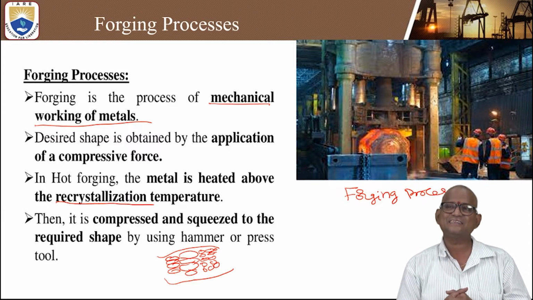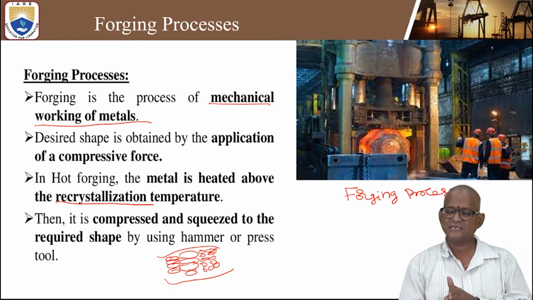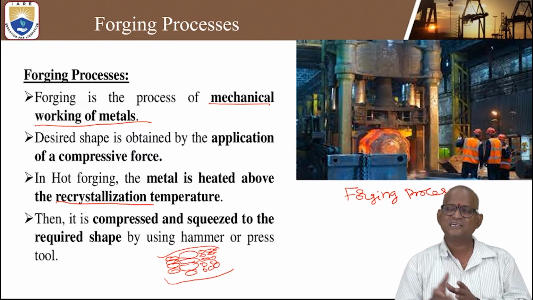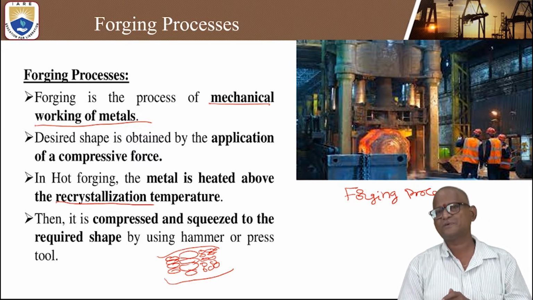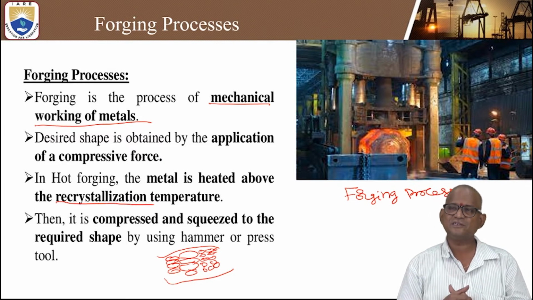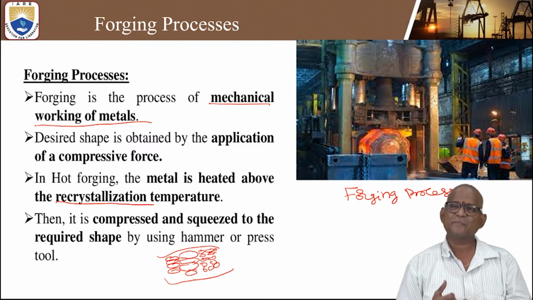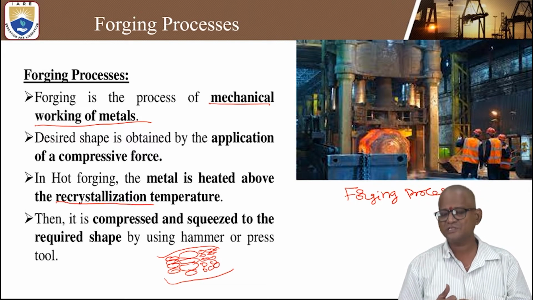You can see on the right side the workshop, how they change the shape of a large workpiece by applying tonnage, where the capacity of this pressing machine is more than 10,000 or 20,000 tons.